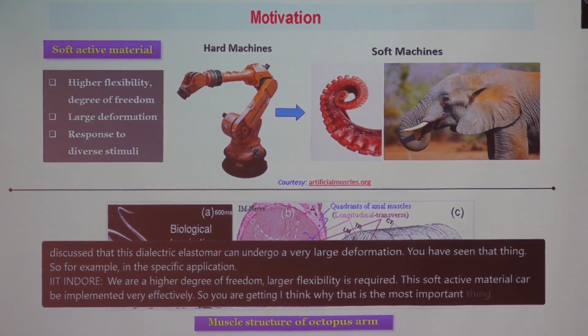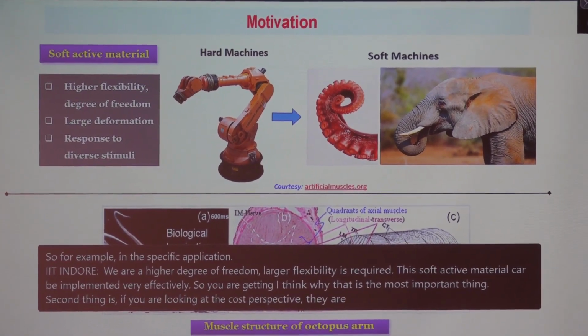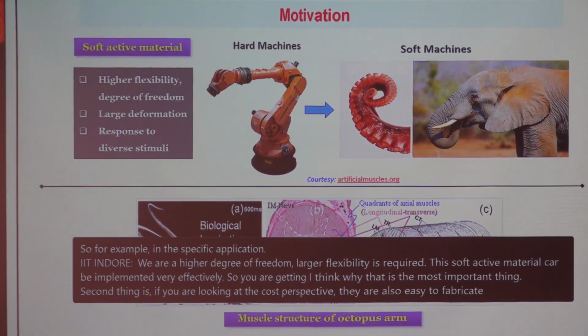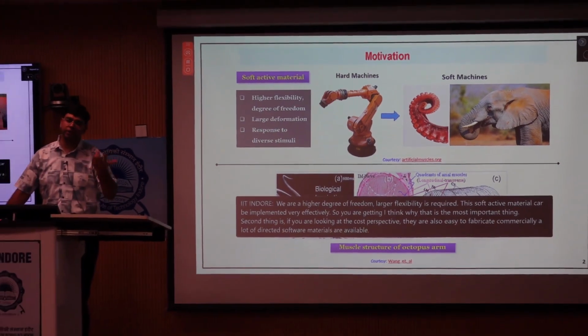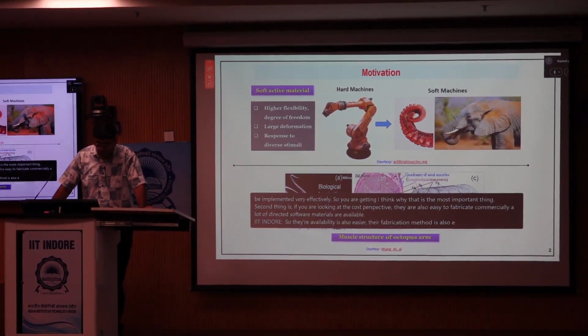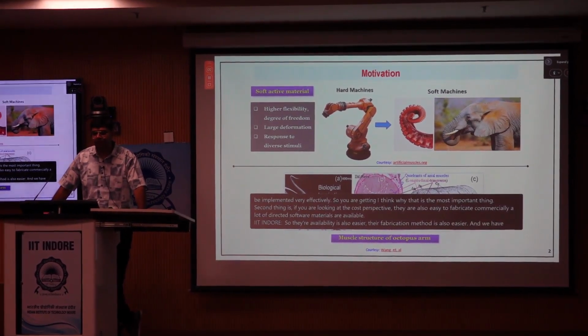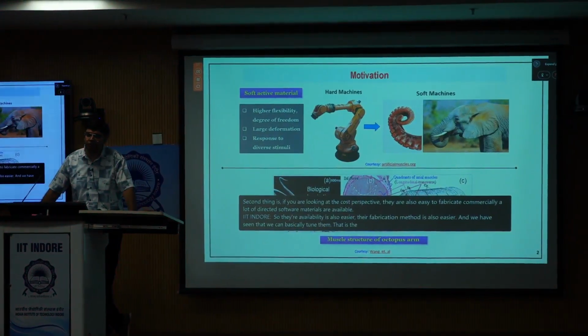Second thing is, if you are looking at the cost perspective, they are also easy to fabricate. Commercially, a lot of dielectric soft active materials are available. So their availability is also easier. Their fabrication method is also easier. And we have seen that we can tune them. That is the most important characteristic of this soft active material.